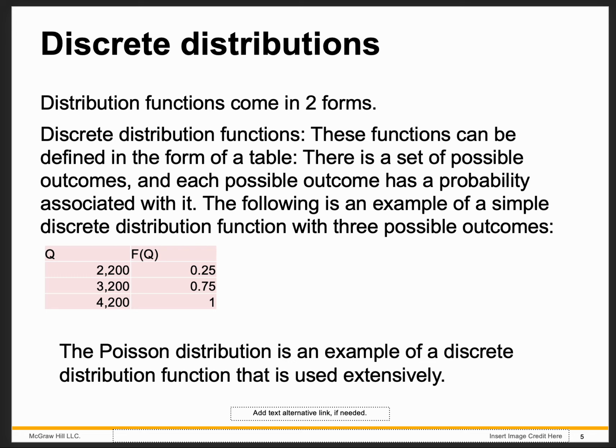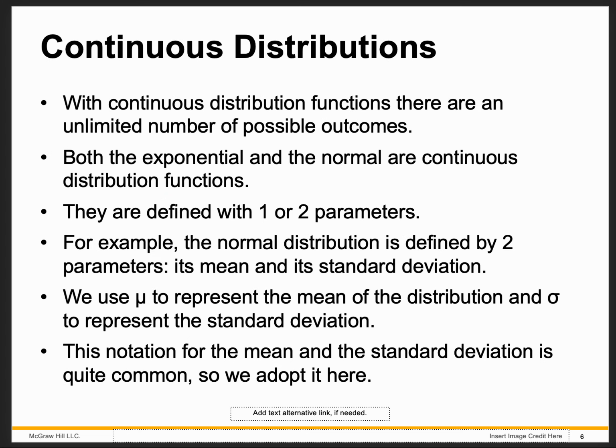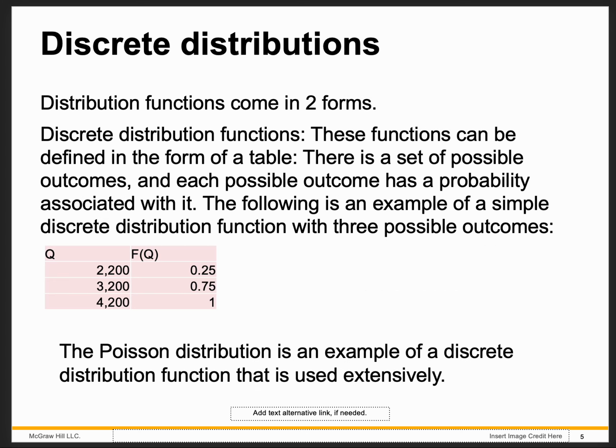So there are two types of distribution functions. You have discrete distributions and you have continuous distributions. So let's quickly talk about discrete distributions. Discrete distributions are functions that can be defined in the form of a table. So you have a set of order quantities, which means that these are the only order quantities you will consider. Now there might be some reason why you only consider these order quantities. In this case, it seems random, but let's say that your order quantities have to come in, say, multiples of 1,000.